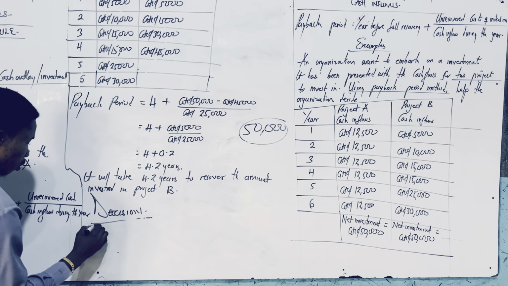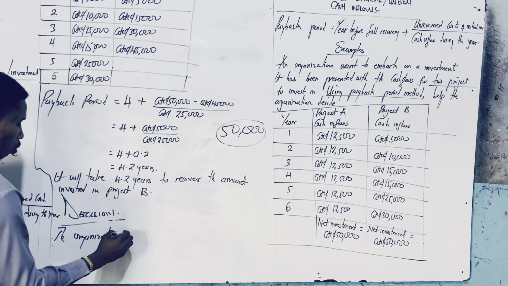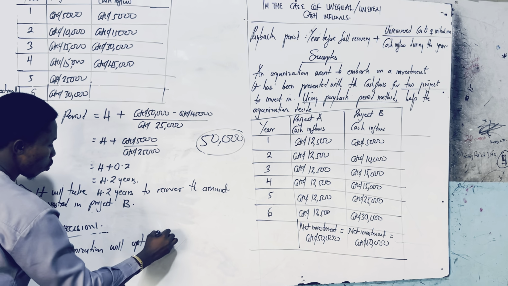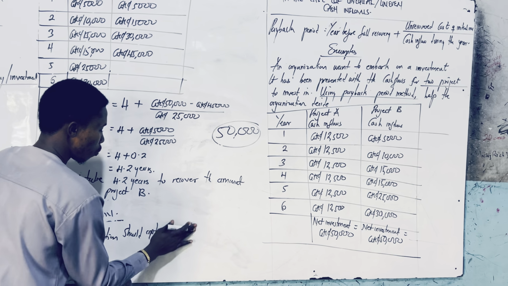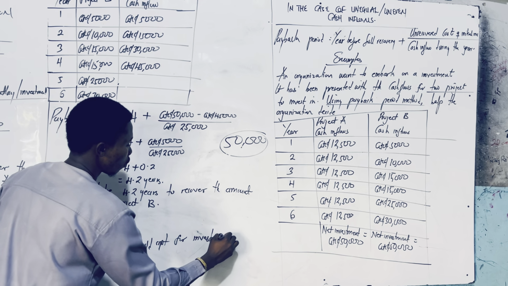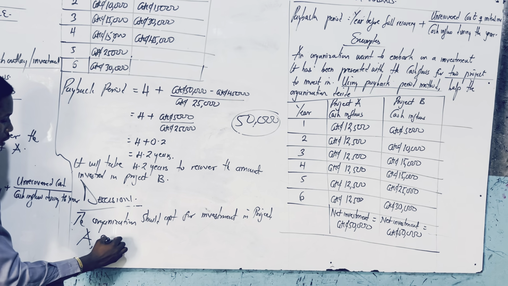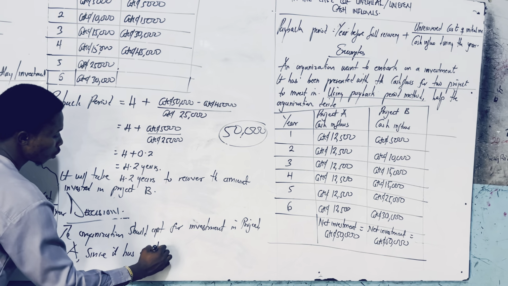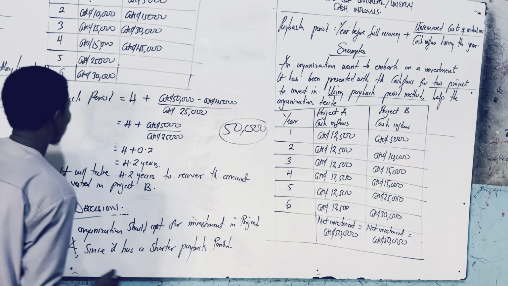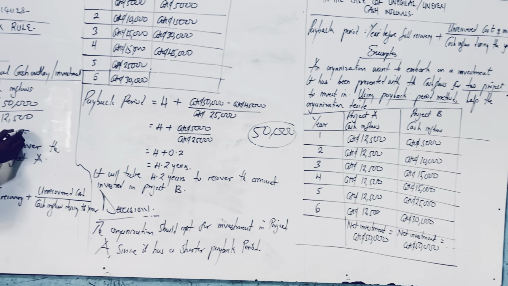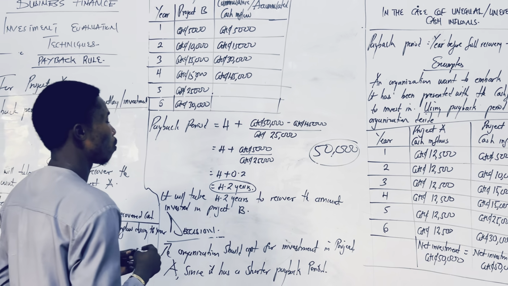So the organization should opt for investment in project A. Why? Since it has a shorter payback period, because you see that project A has a payback period of 4 years, but project B has a payback period of 2.540 years.